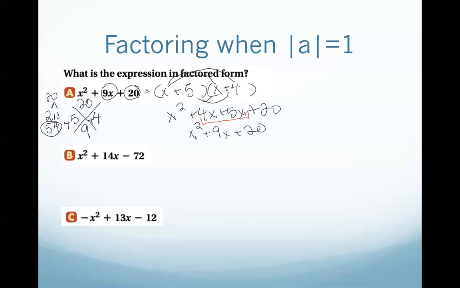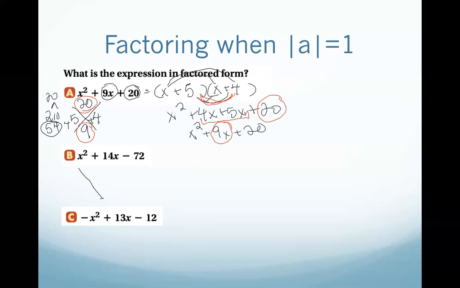That 4x plus 5x that gave us the 9x, that is why we're looking for two numbers that add to 9. And the 5 times 4 that we did, that L of the FOIL step that gave us 20, that's why we want two numbers that multiply to 20. So we can kind of see where this diamond or X method comes from when we distribute back to check our factoring.